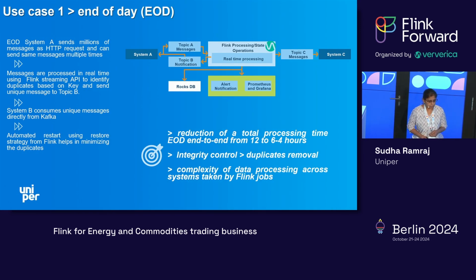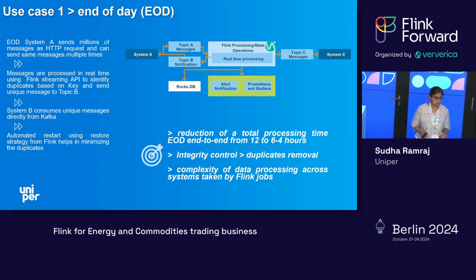So going back to one of the use cases, it sounds simple, but it really made a difference for us. Systems can generate duplicates in near real time. The duplicates can cause problems at the end users' level also.